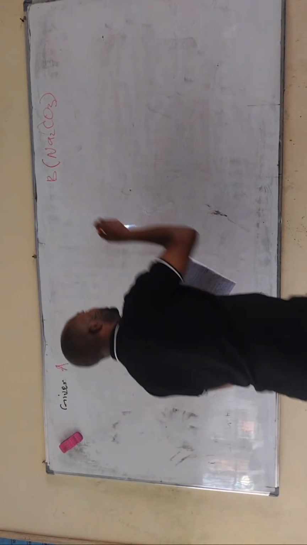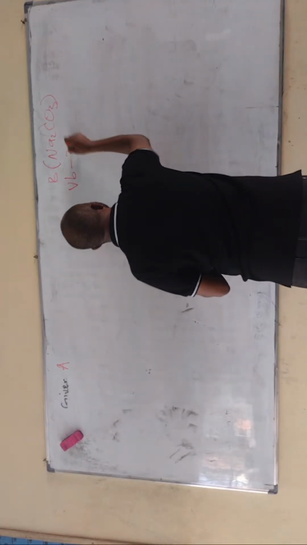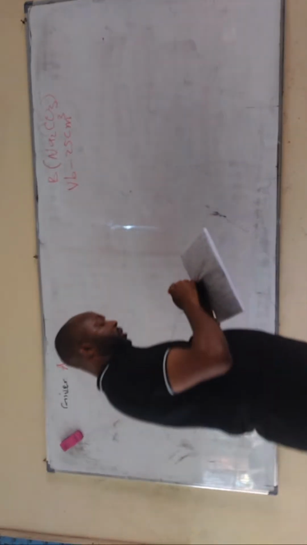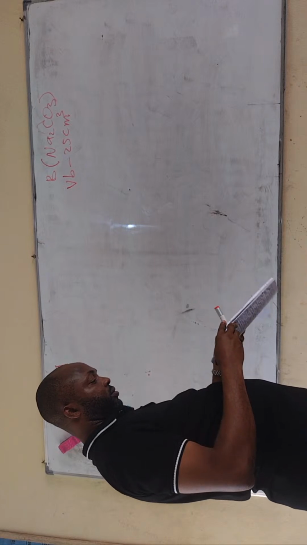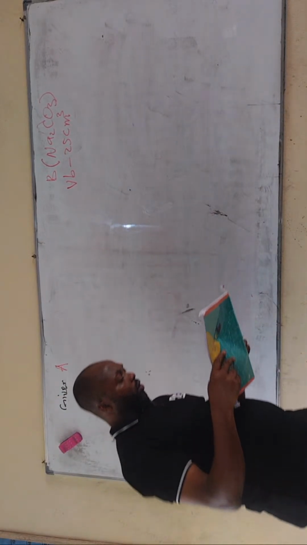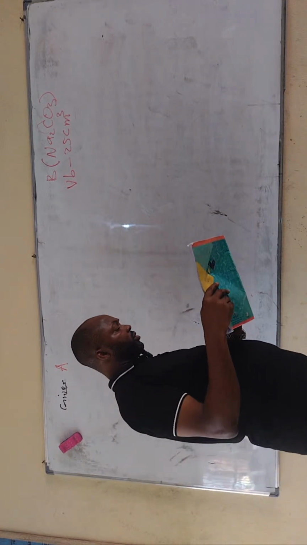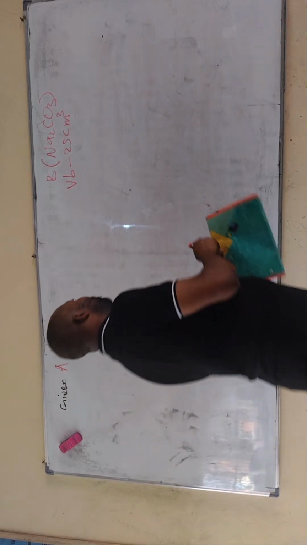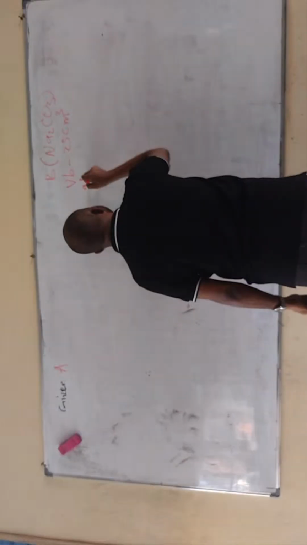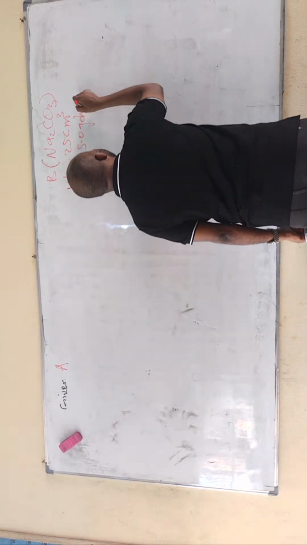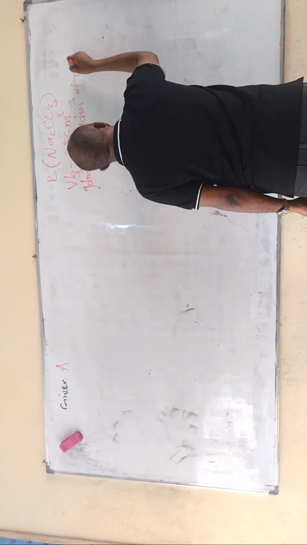The volume of B is 25 cm cube, as given. Containing 5.0 g per dm cube, so the impure is 5.0 g per dm cube of impure.